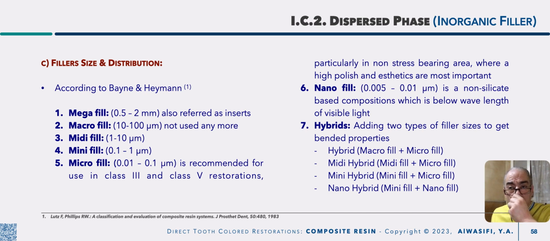That's why when you use very fine particles, they produce minute, invisible irregularities and much better surface smoothing and polishability. That's why we blend between two types, large and smaller ones, in different forms, and they are called the hybrid ones.